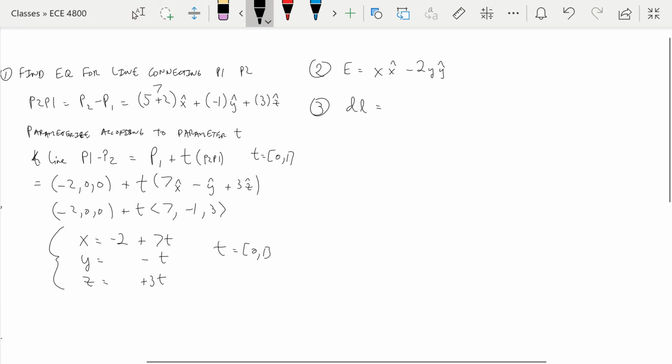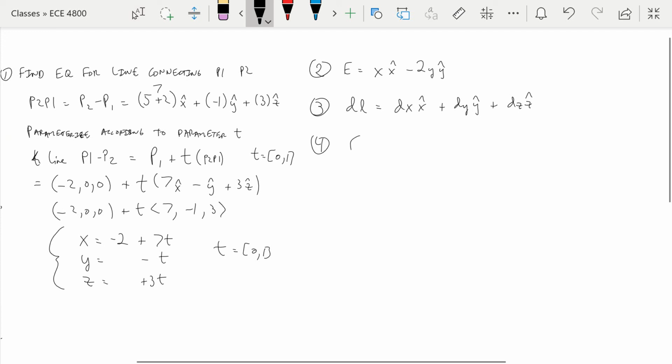We are in the Cartesian coordinate system, where dl is equal to dx times x hat plus dy times y hat plus dz times z hat. Remember, in cylindrical and spherical coordinate systems, you have the r and sine theta terms that you have to worry about.